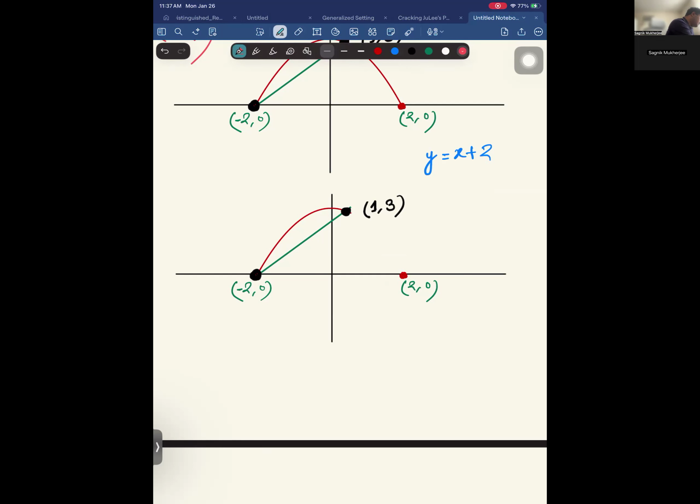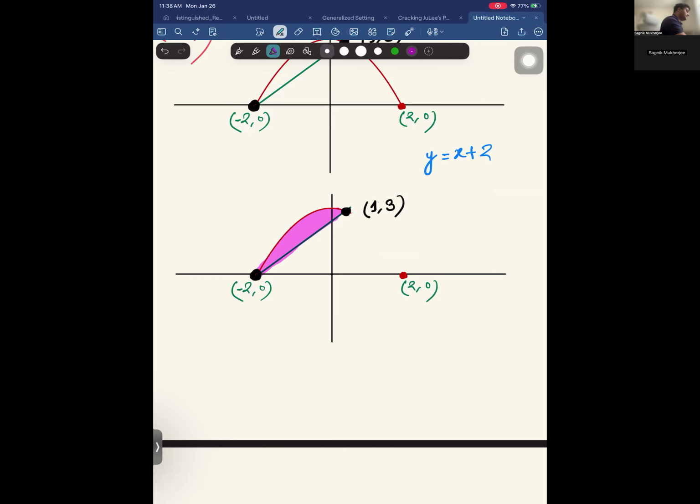This is the region you are trying to rotate, right?